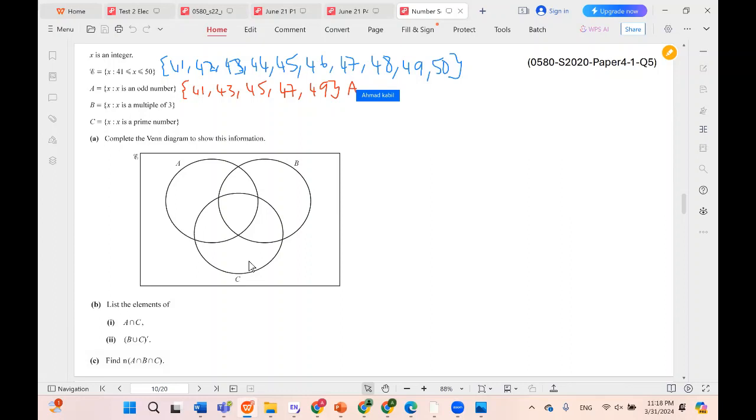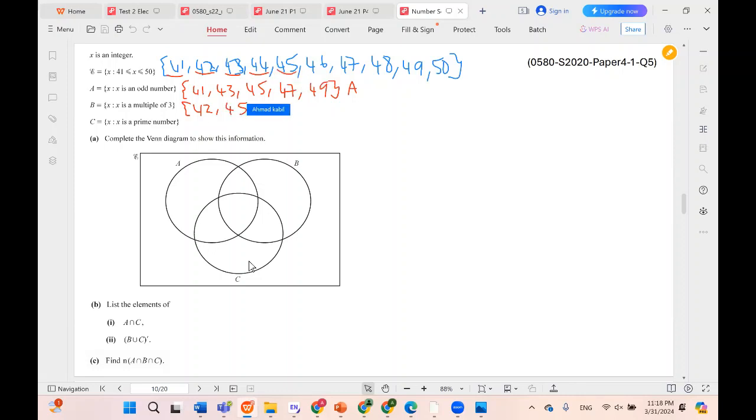And then for set B, X has to be a multiple of 3. Of course, one way to check if a number is a multiple of 3 is to add the digits. So for example, we have 41, so 4 plus 1 is 5. 5 is not divisible by 3. In 42, 4 plus 2 is 6. 6 is divisible by 3, so we can write down 42. Here, 4 plus 3 is 7. That doesn't work. 4 plus 4 is 8. 4 plus 5 is 9, so that works.